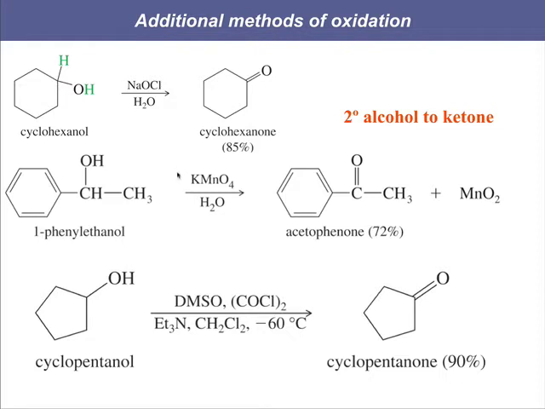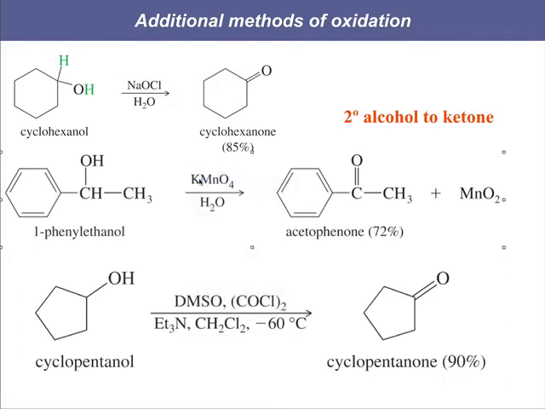We can also use it to convert alcohols into ketones, the same way that we use bleach or chromic acid to convert a secondary alcohol into a ketone. It turns out you can also use it in place of chromic acid to convert a primary alcohol all the way into a carboxylic acid. Basically, KMnO4 does the same thing as Na2Cr2O7.